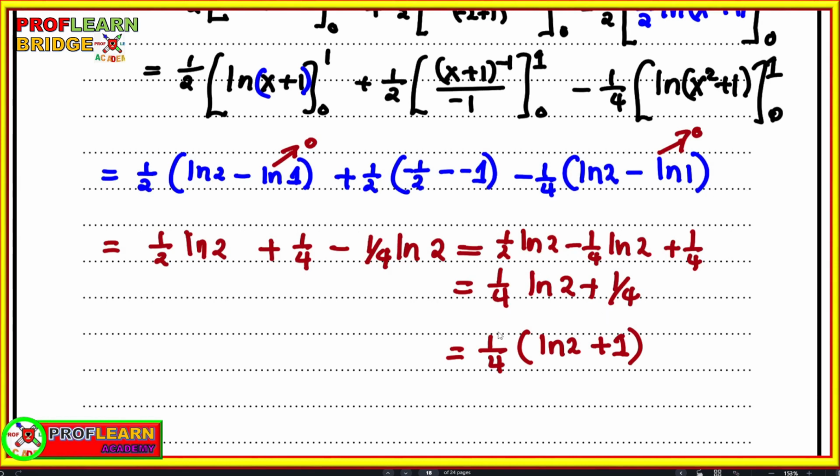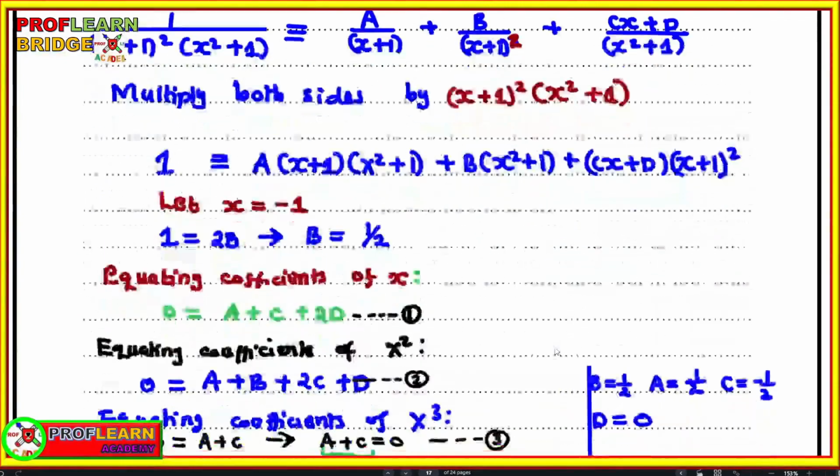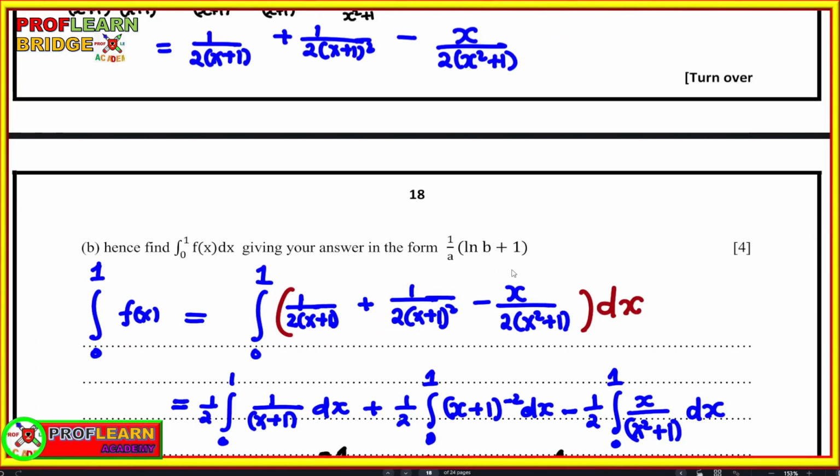So we can take 1 over 4 out, and we shall remain with ln of 2 plus 1. So this is a quarter ln of 2 plus 1, which is exactly the form we were supposed to leave it at this given point. So we can say the objective was achieved. Next particular question.